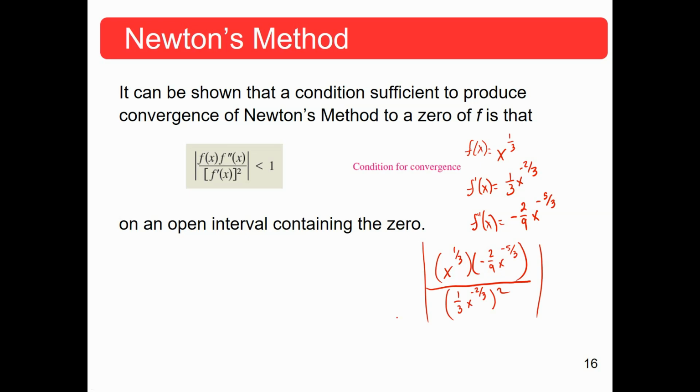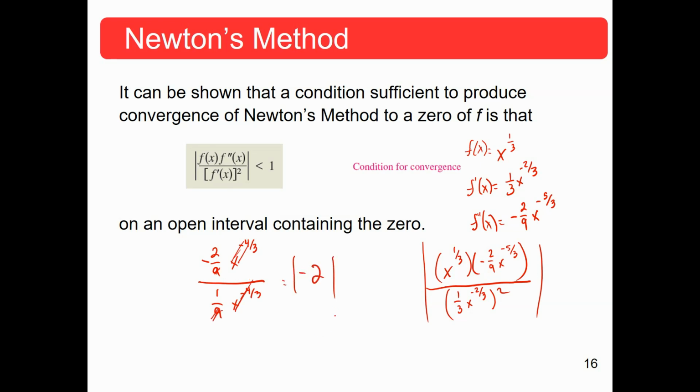So this is going to give us negative 2/9 x to the negative 5/3 plus 1/3, which is negative 4/3. On the bottom, I'm going to have 1/9 x to the negative 4/3. So look at that, the negative 4/3 cancel out, the 9 cancels out, I have negative 2.